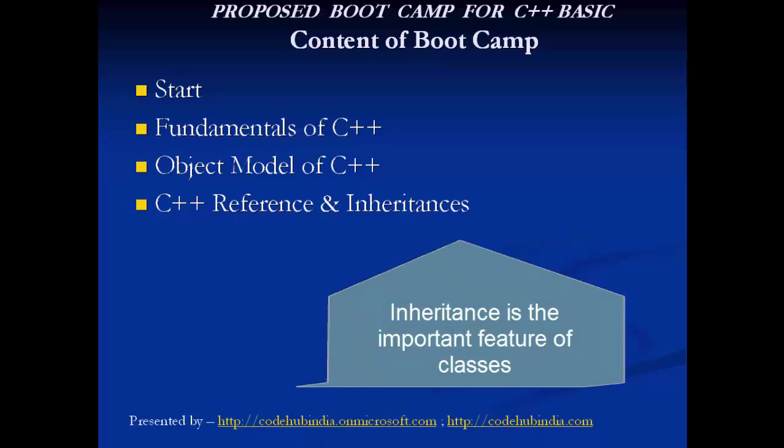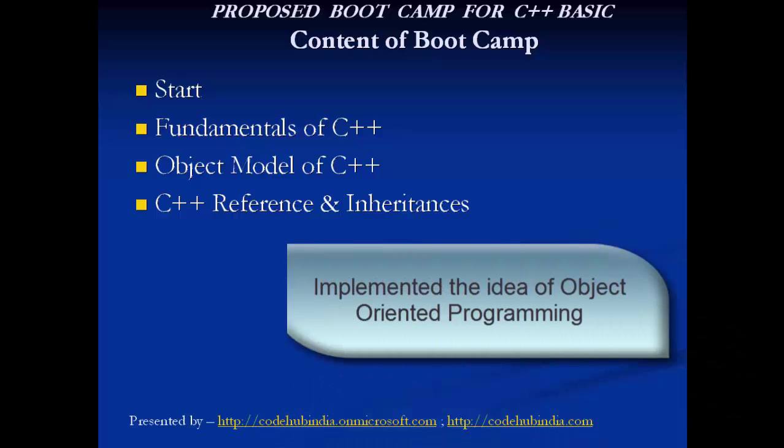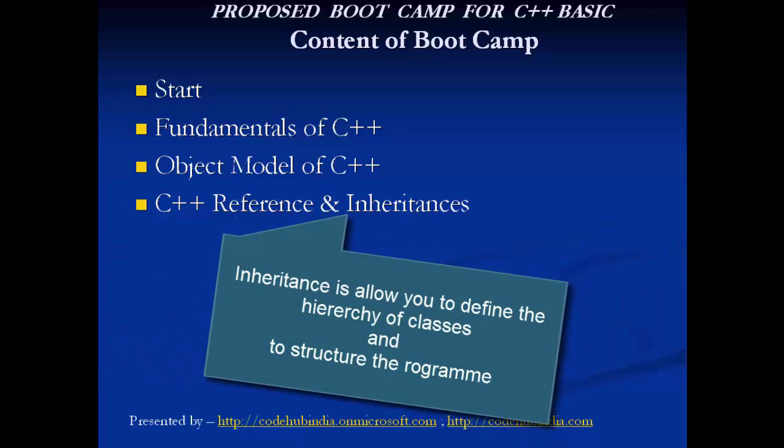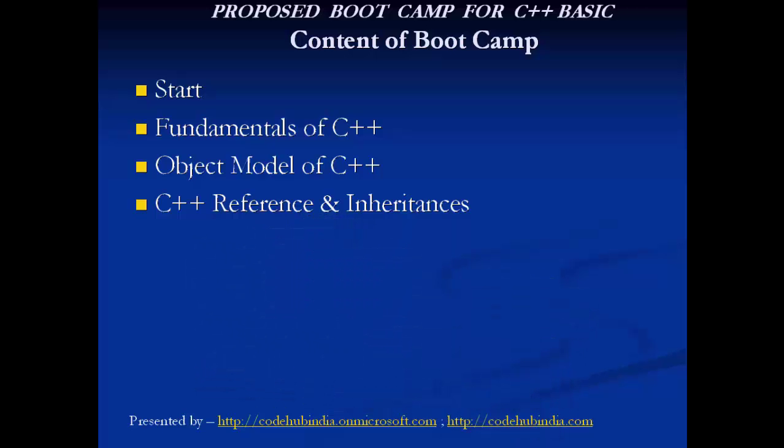Inheritance is an important feature of classes. In fact, it is integral to the idea of object-oriented programming. Inheritance allows you to create a hierarchy of classes, with various classes of more specific natures inheriting the general aspects of more generalized classes. In this way, it is possible to structure a program starting with abstract ideas that are then implemented by specific classes.